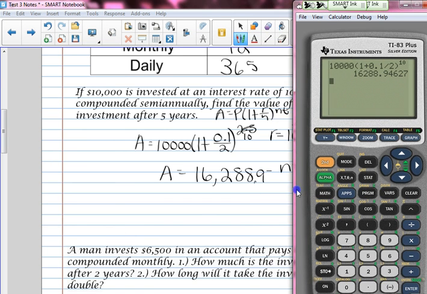Because we're talking money, we're going to be rounding to 2 decimal places.